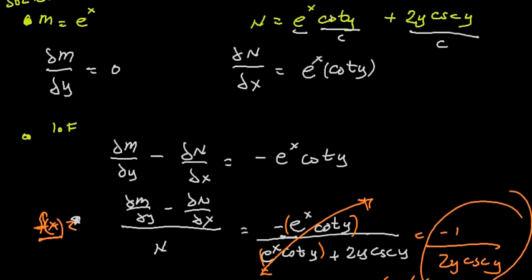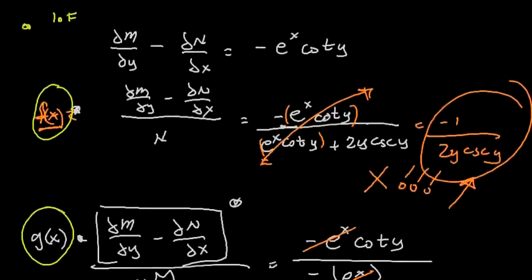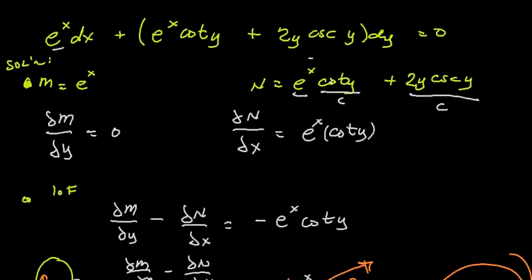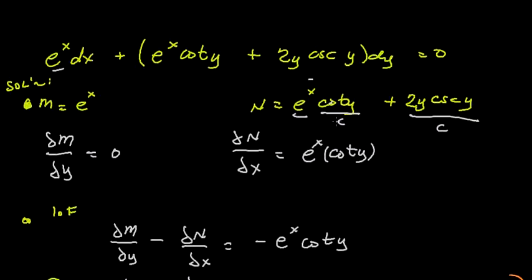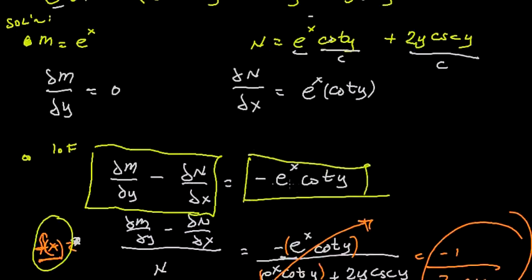Okay, but my technique here to find which one is easier to determine, whether I'm going to use f of x or g of x, is that I evaluate my M and N. As you can see, I first check the subtraction of these partial derivatives M and N, which resulted in this part, e to the x cotangent y.